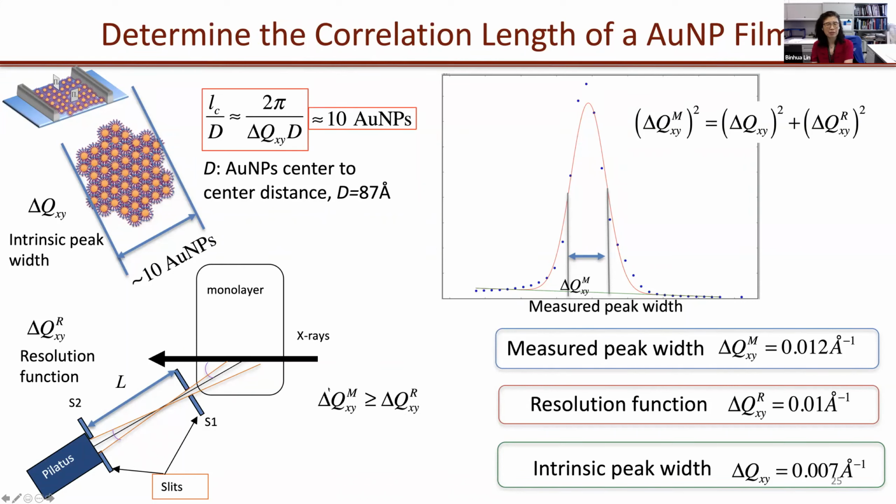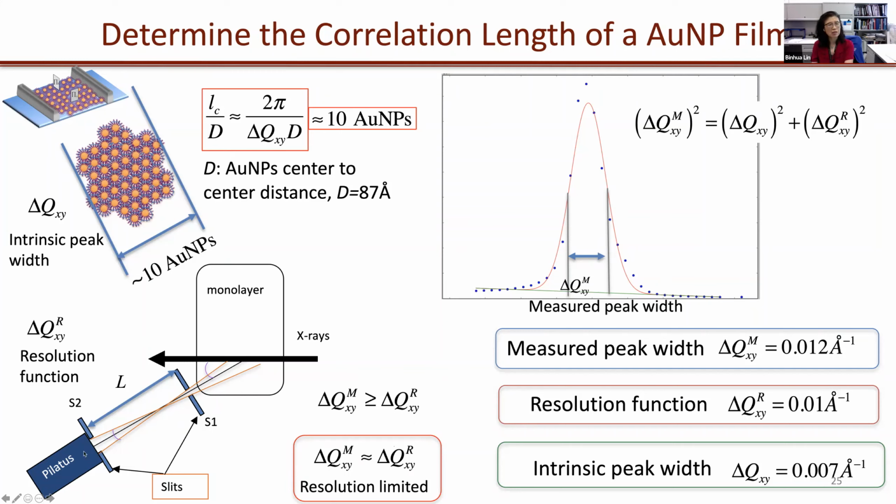Or to point out, the measured peak width will never be less than the resolution function. So if you find out your peak width is about the same as the resolution function, you know your measurement is resolution limited, and you need to find a way to somehow improve the resolution.